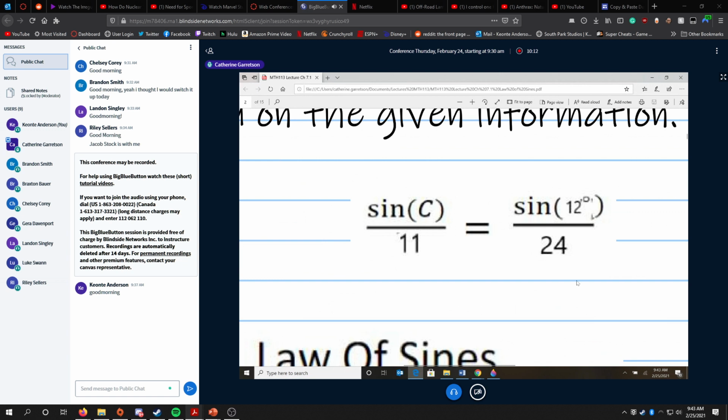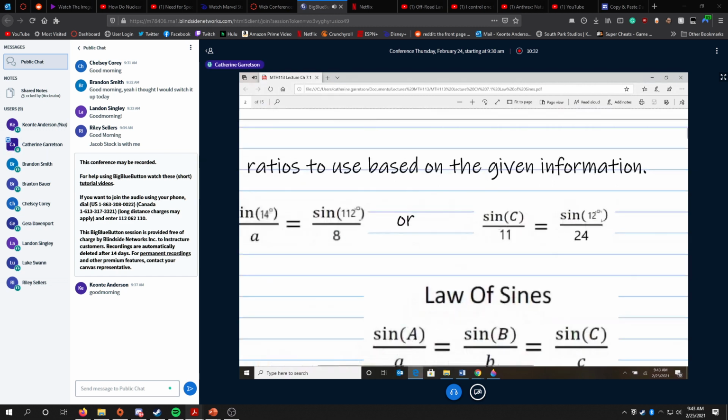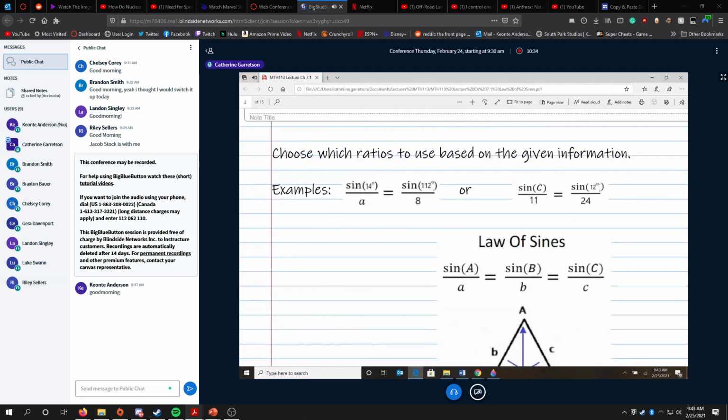So again, I'll do the cross products, and then I isolate the sine of C, and then to calculate C, I'll actually do the inverse sine so that I can figure out the value of C. So that's the general process of how we go about using the law of sines.